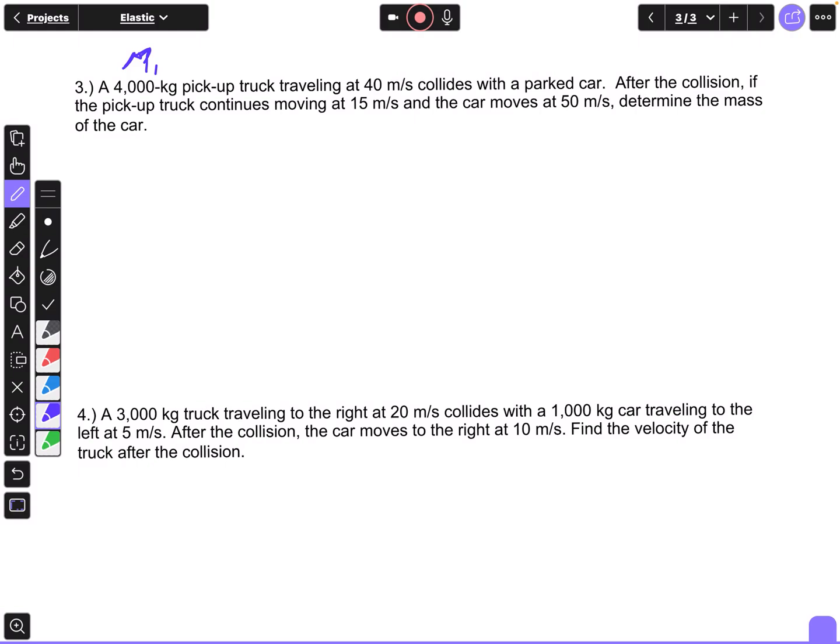So if this pickup truck, before the collision, and I can't draw, I'm just going to sketch here. This truck, it's got a mass of 4,000 kilograms, and initially it's moving at 40 meters per second.